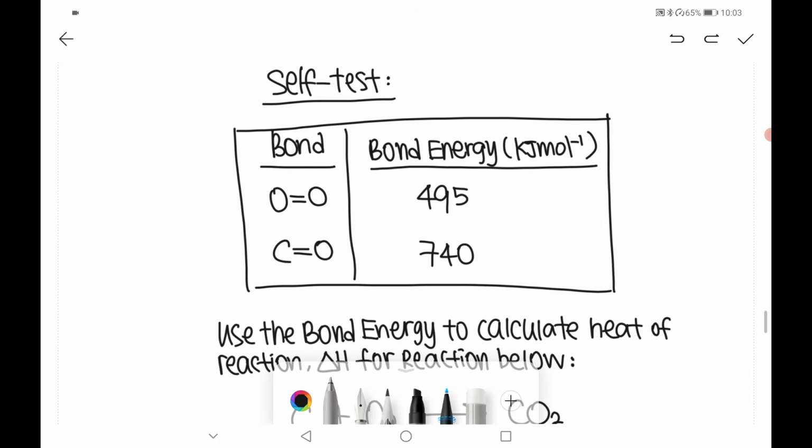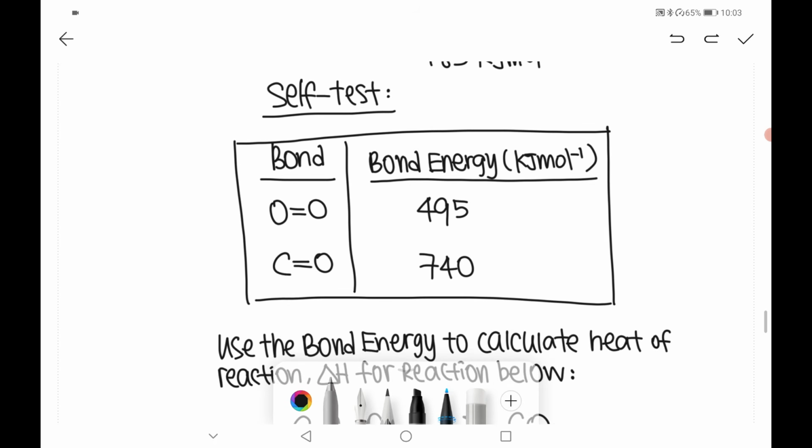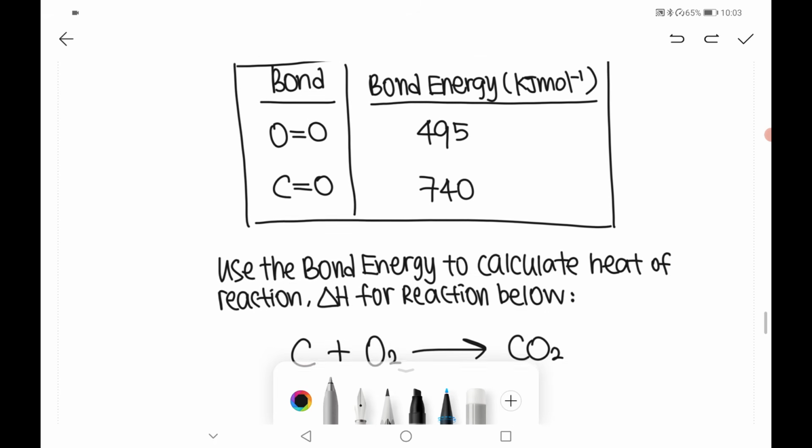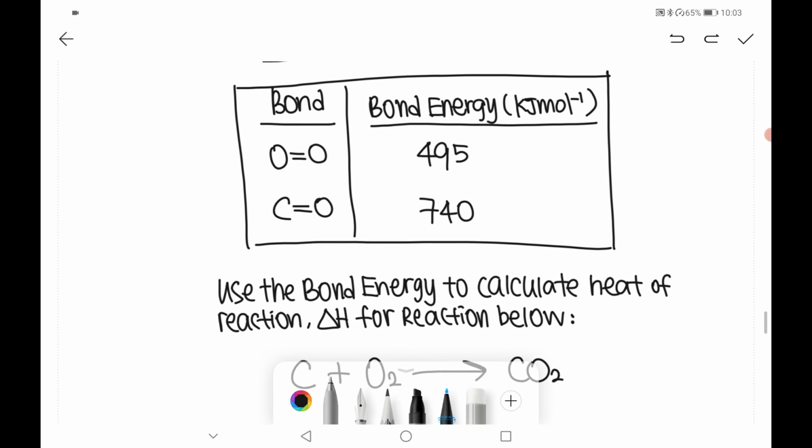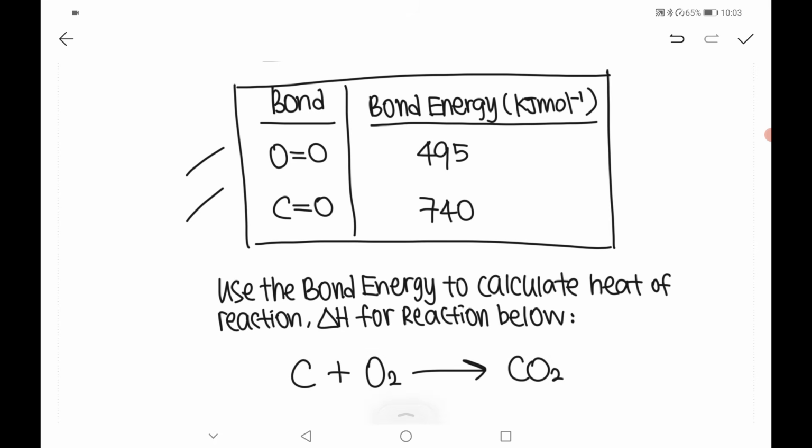Now for the next question, this is a self-test that you should try to do as an exercise. You can practice on it. In this question, I will give you two bonds and their bond energy as well.